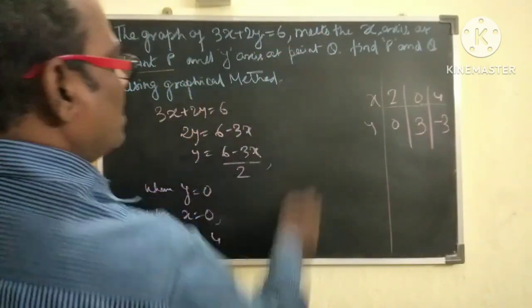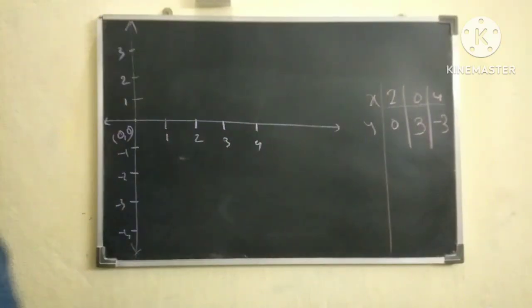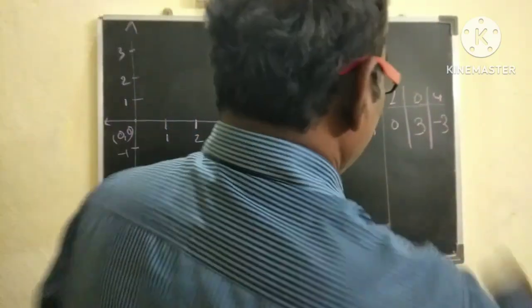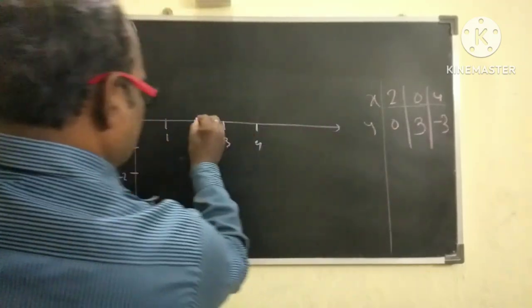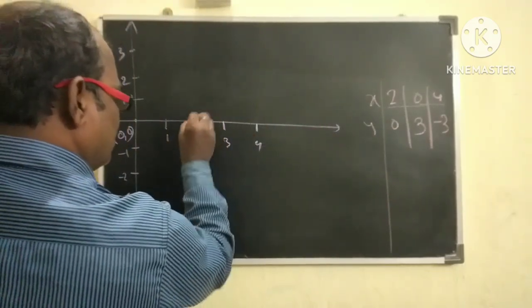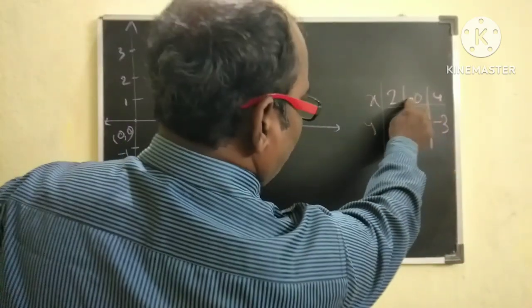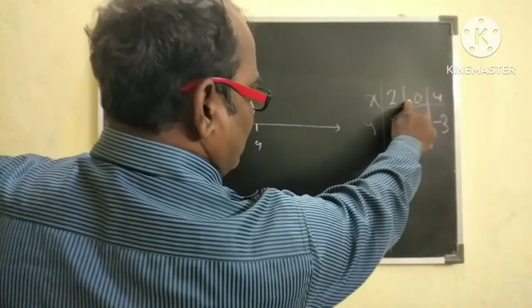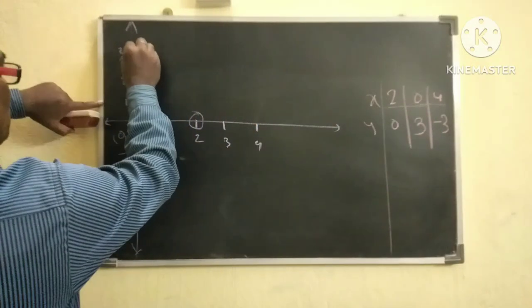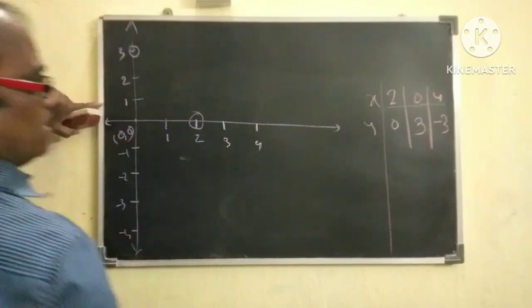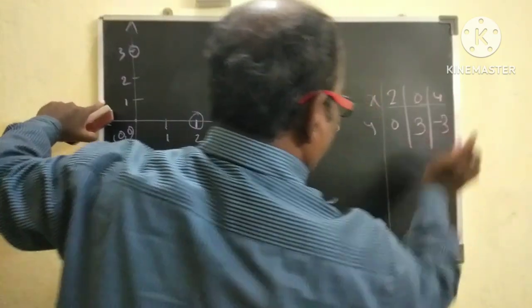Now let us draw the graph. Here x equals 2, y is 0. So this is one of the points. Next, x equals 0, y equals 3. So this is another point. Next 4, minus 3.